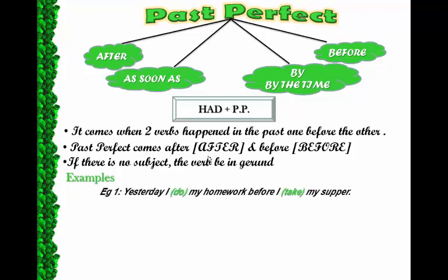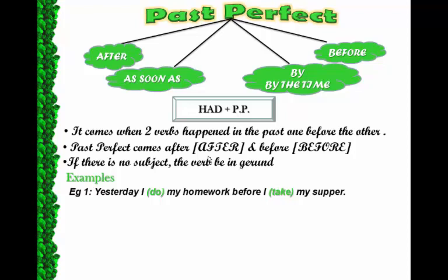Let's have some examples. Yesterday I do my homework before I take my supper. So yesterday two actions happened, doing the homework and taking the supper. Which of them happened before the other?